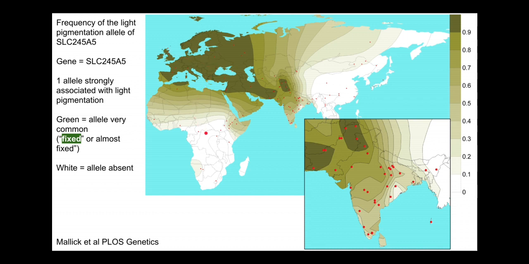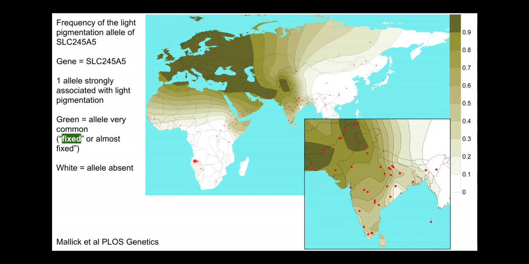Again, what's interesting is we see this pattern. Within Central Africa, this particular allele of this gene is almost absent. As you move south in Africa, you do start to see its frequency increase a little bit. This map is a little hard to read because you have to flip it around. White here means darker pigmented.